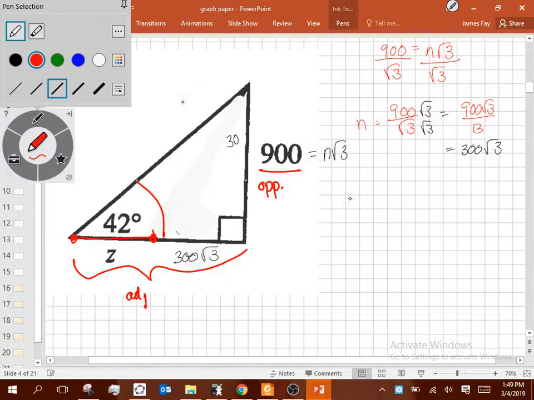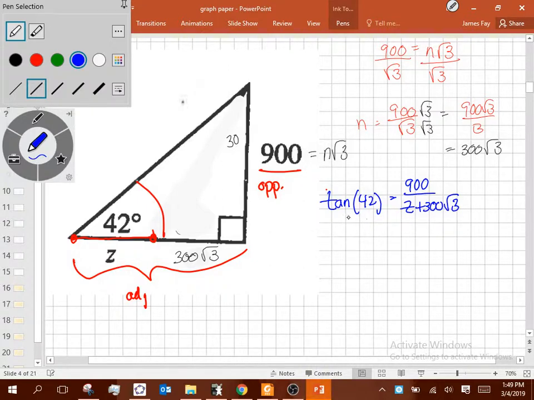Okay. Can I say that the tangent of 42 is equal to 900 divided by Z plus 300 radical 3? That make sense? It's opposite over adjacent, right?